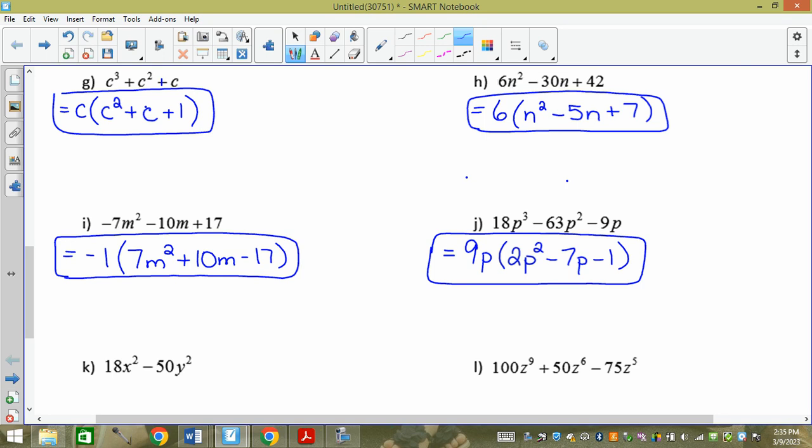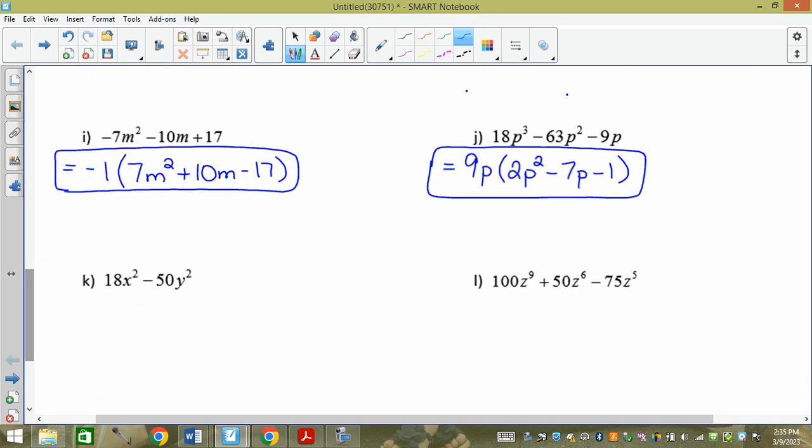Okay. Can I take anything out of K? When I take a 2 out, I'm left with 9x squared minus 25y squared.